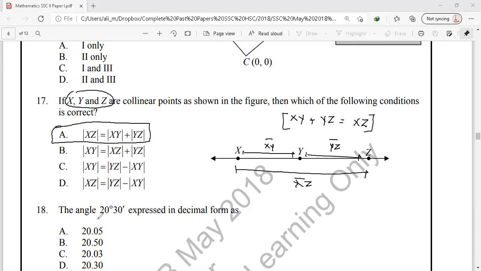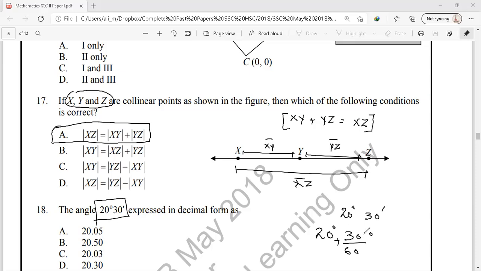Next, we have this question number 18, and we have this DMS system in which we have to convert this expression into decimal. So we have 20 degrees and 30 minutes. So we will convert this minute into degrees. So 20 degrees would be as it is, and 30 minutes will be divided by 60 so that it would be converted into degrees.